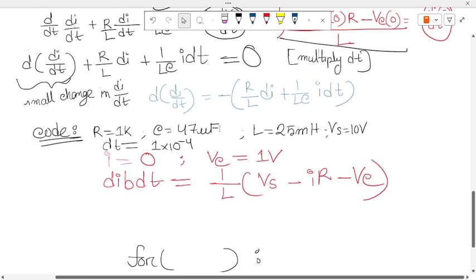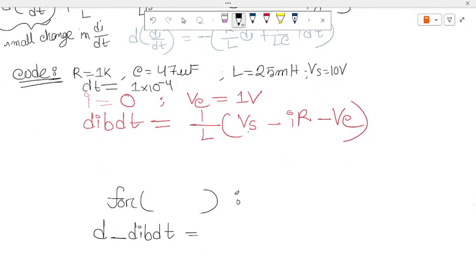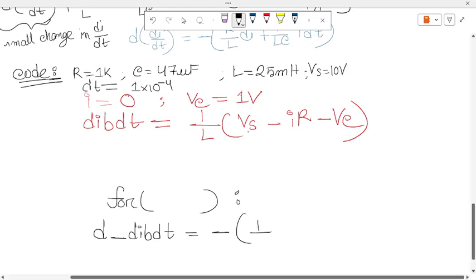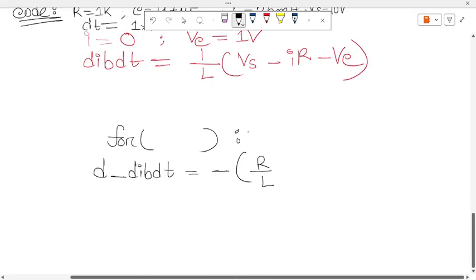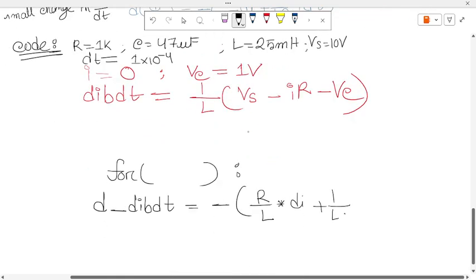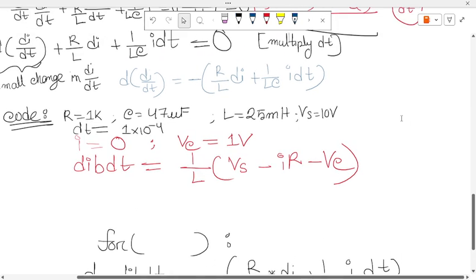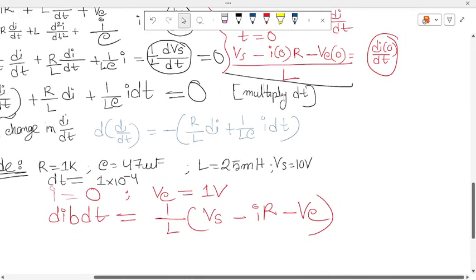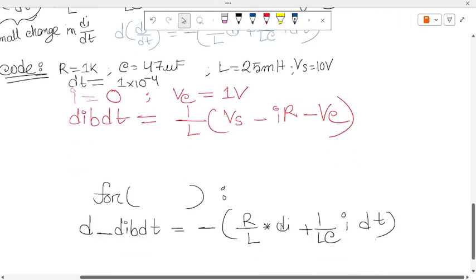Yes. So let's write this equation here, minus R divided by L di. Where is di? Okay, first let me write this equation, then I will say how to find di. I dt. Di is so easy. So how can I find di, right?